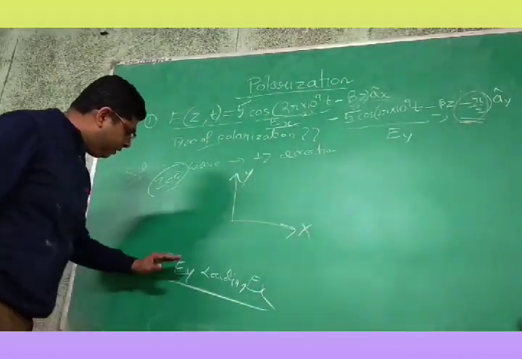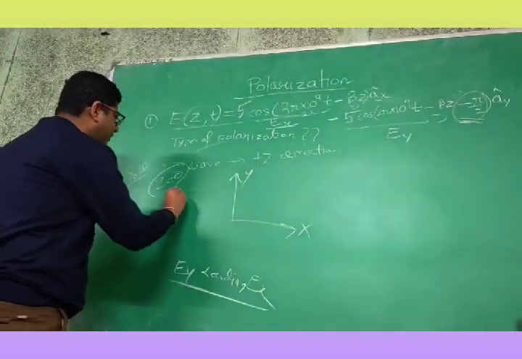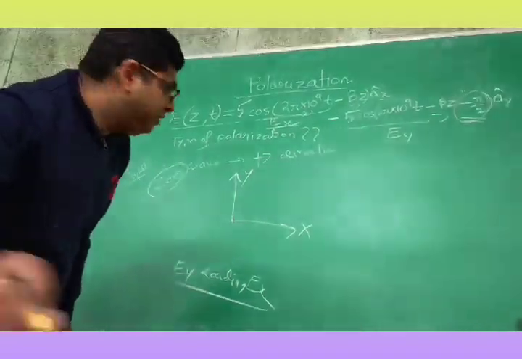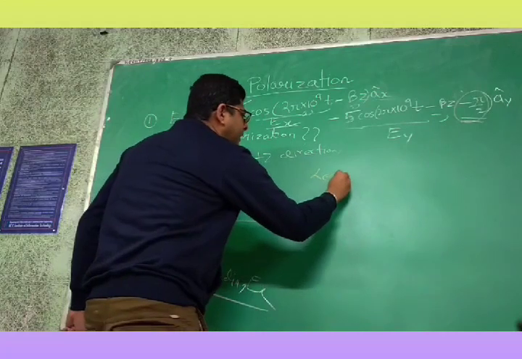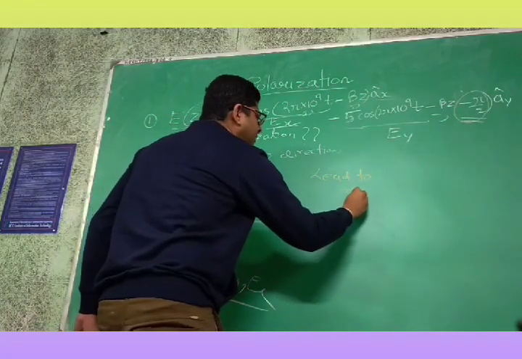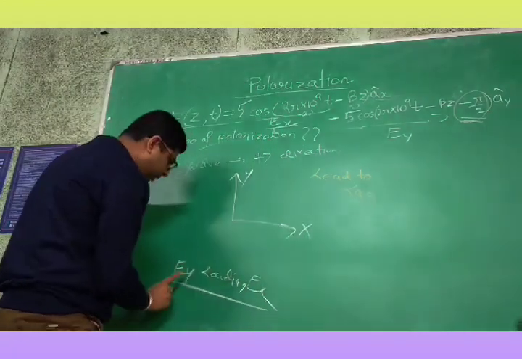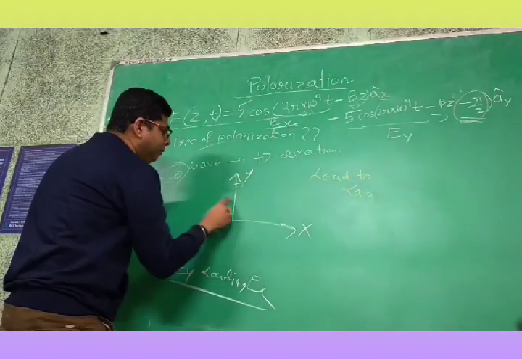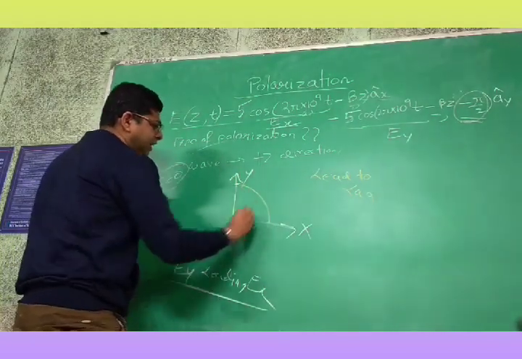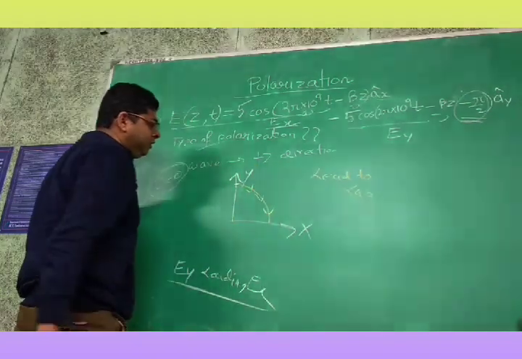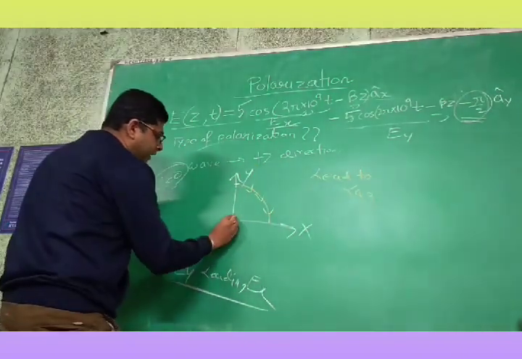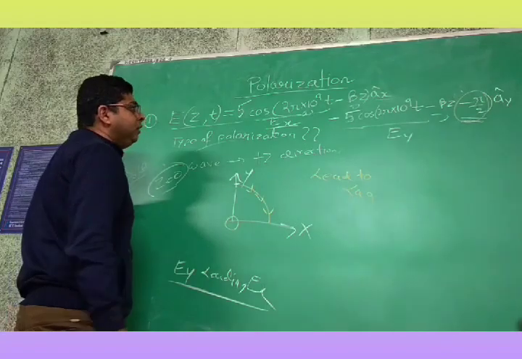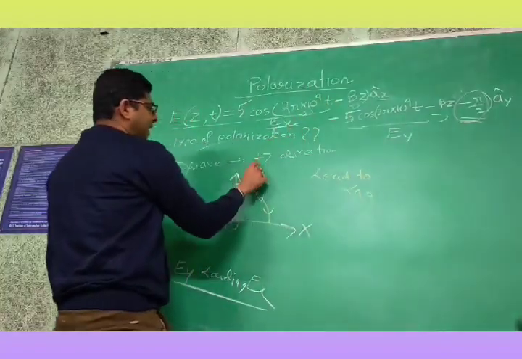We should go from lead to lag. This is our convention. We will be going from lead to lag. That means here Ey is leading, so lead to lag means from Ey to Ex. Like this way we will be going. And your direction of propagation of the wave is plus z direction, right?